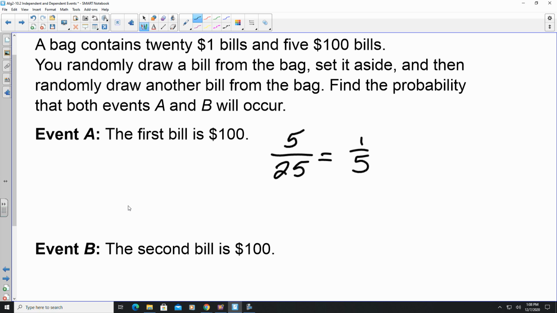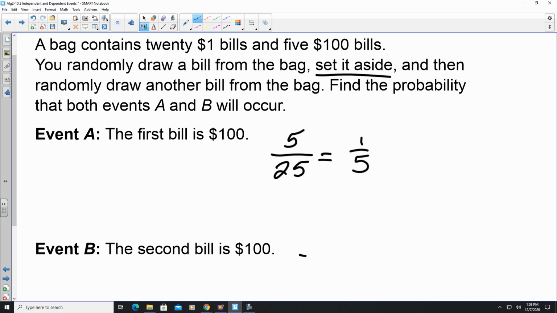Part B, it says the second bill is $100. So since you set it aside, that means that this particular one is a dependent event. Now, the dependent event means that looking at the probability of the second one, you already have to assume the first one was correct. So you have to assume that the first one you drew was $100.